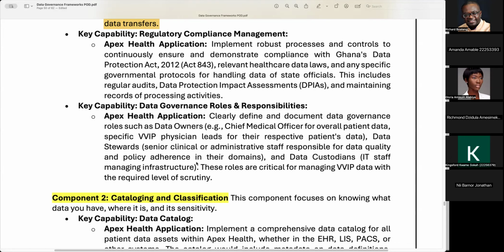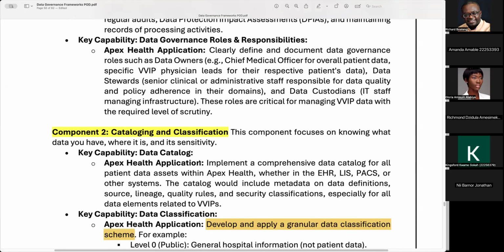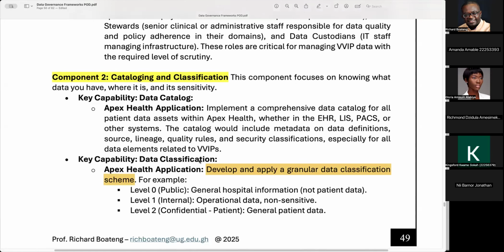Cataloging and classification is another key area in CDMC. Yes, this requires implementing a comprehensive data catalog capability. This catalog must cover all systems holding patient data, capturing rich metadata, including specific VVIP data indicators, full data lineage, tracking data from source through transformations, movements, and access, absolutely crucial for audits and ensuring integrity, data quality scores, and detailed security classifications.